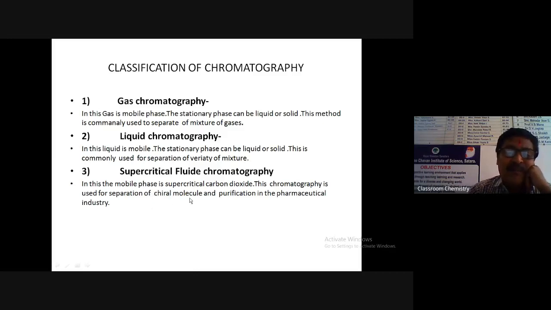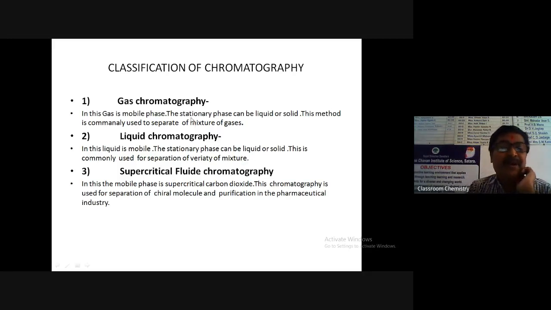So, the compound containing an asymmetric center, of which there is no mirror image relationship, is known as a chiral molecule, which we have seen in stereochemistry. For the separation of the chiral molecule, and for the purification of compounds in the pharmaceutical industry, the supercritical fluid chromatography is used.